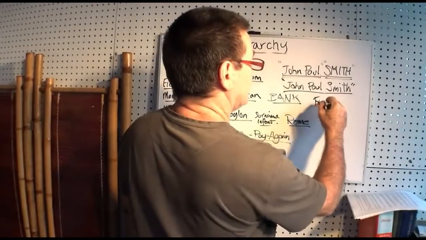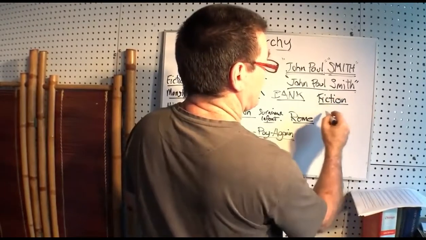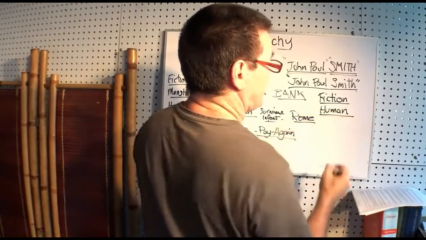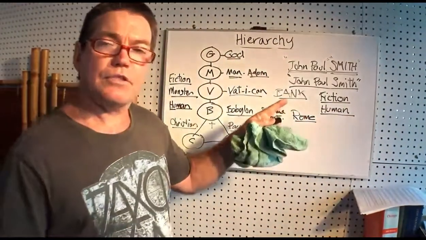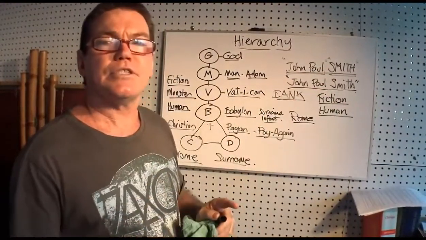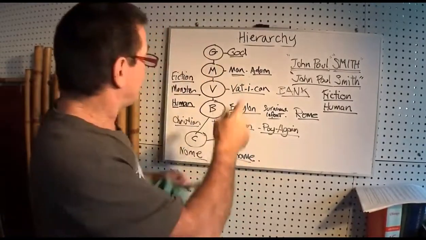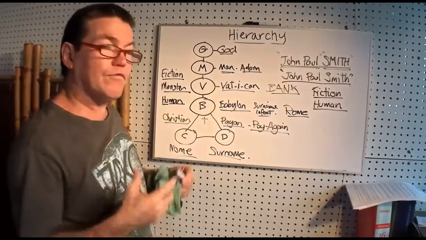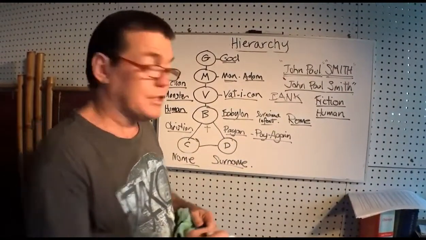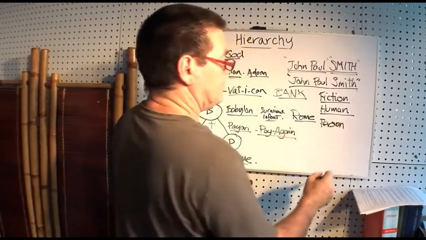John Paul Smith is a monster because he is a fiction. Also a human. And the other thing which is very strange about this is the minute you incorporate any two items together, any two things together that are incorporated in relation to the Vatican or the water law, it becomes a person.